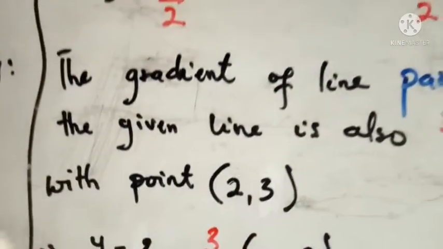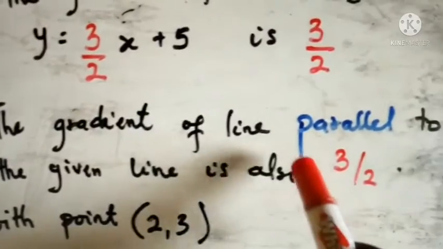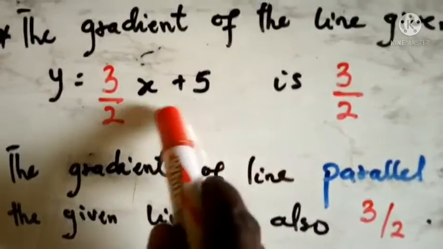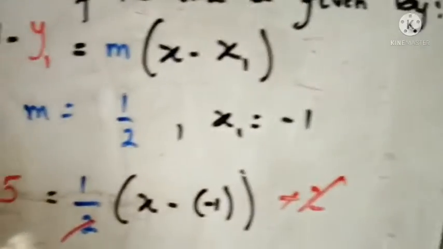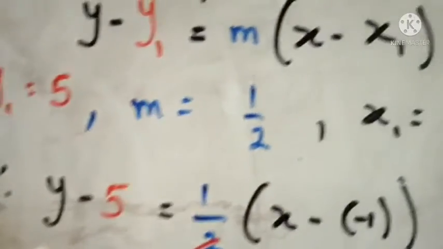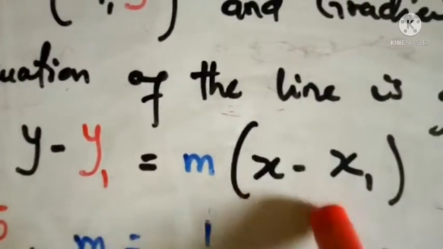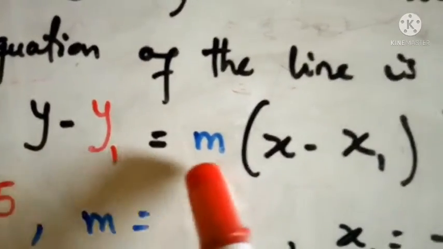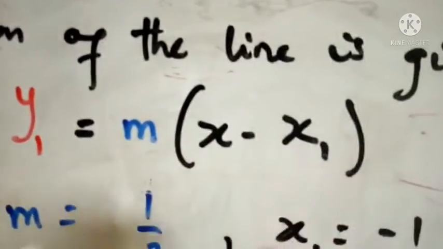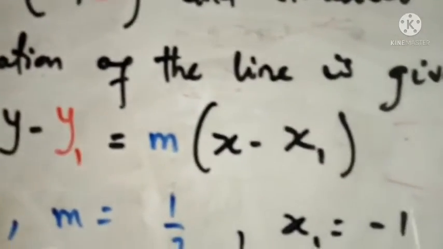They are asking you to find the equation of a line that is parallel to this one. You and I know perfectly that for us to find the equation of a line, this is exactly what you have to use, and out of this we need y1, m, which is the gradient, and the x1 as well.